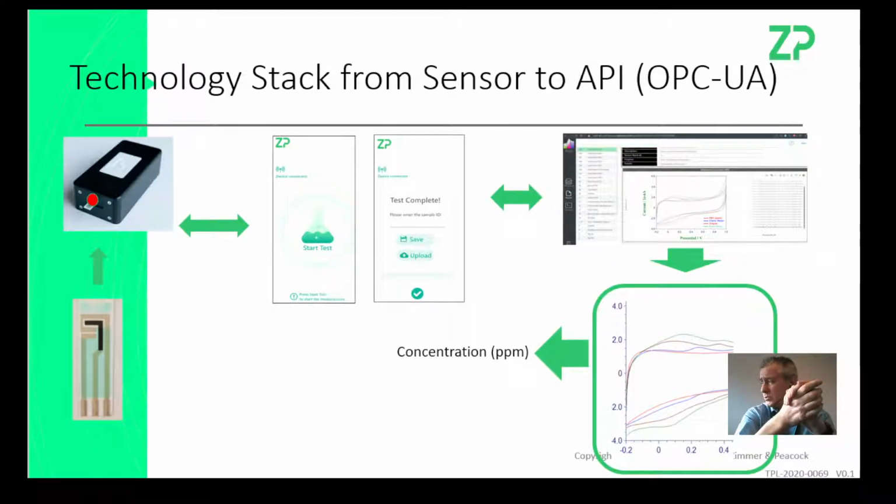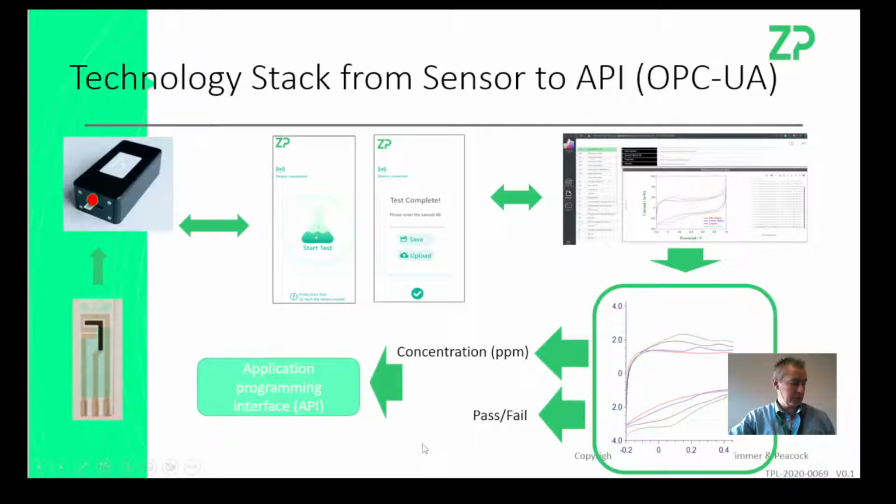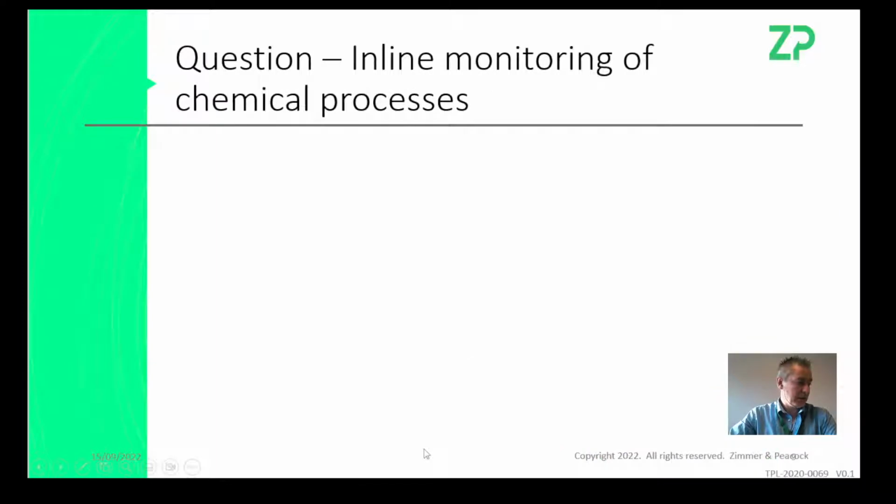Lab 4.0 is really about interoperability, that different devices in the lab can essentially talk to one another. And for us, even with electronic lab books, you need to get all this data to the cloud, and it's intrinsic in our core stack of technologies at ZP. It means we can do things like pass and fail. Is this reaction within bounds? Is this reaction outside of bounds? And then we can pass that data on using what's called an API call.